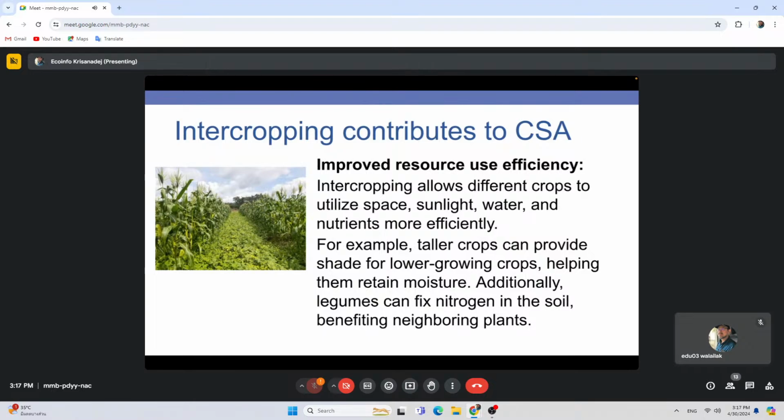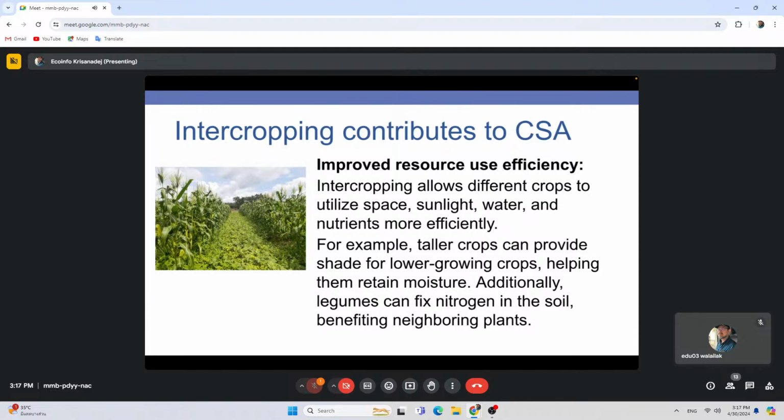An example here is that taller crops like corn provide shade for lower growing crops. Some people plant pumpkin. Do you know pumpkin? Corn and pumpkin, or something like that. So they utilize the same space, and the pumpkin helps the corn by retaining soil moisture.